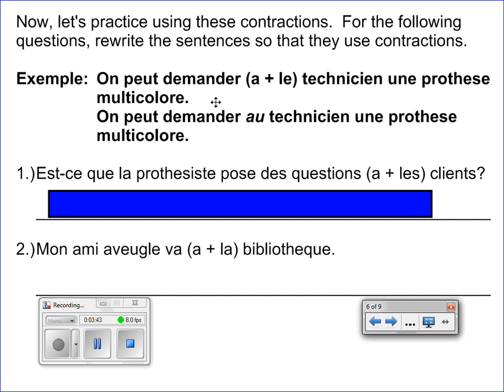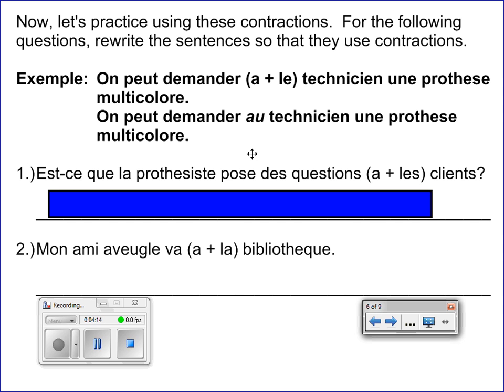Okay, and what we do when we rewrite the sentences, we just have to take à plus le, and using the chart from the previous 2 slides, that changes to au. Okay, so I want you to try the first example on your own. After I read the question, you're going to put the video on pause, write down your answer, and then hit play so that you can see the answer revealed.